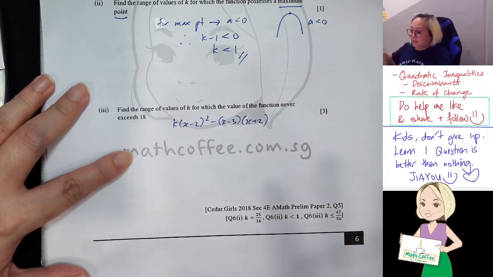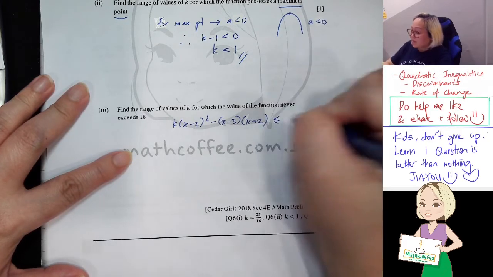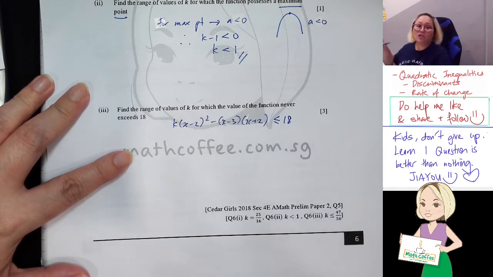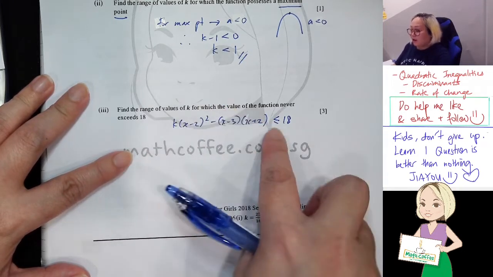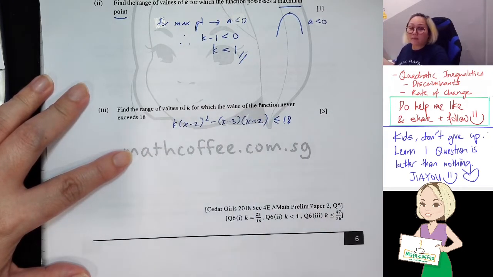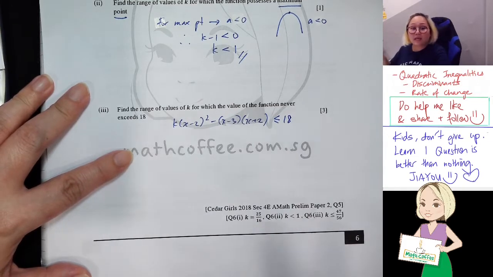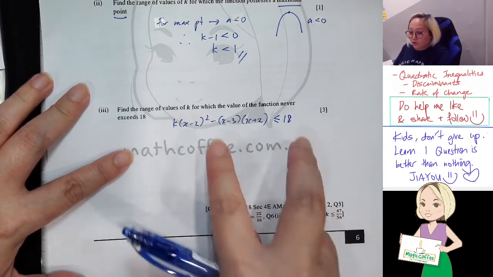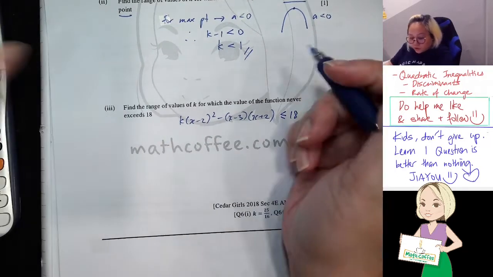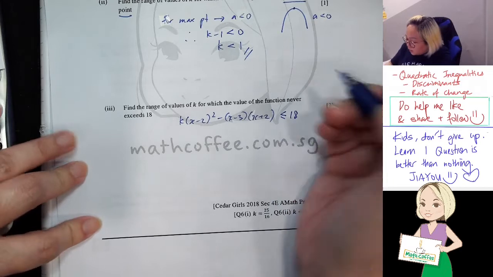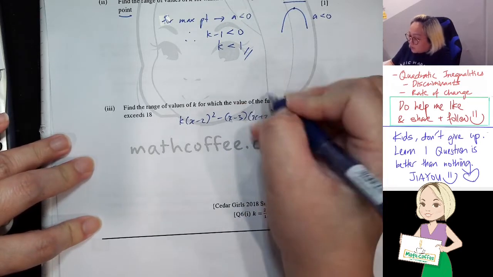If it doesn't exceed 18, it can be less than or equal to 18, as long as it is not more than 18. So the function is less than or equal to 18. All you need to do is rainbow everything and then throw everything to the left hand side. I'm not going to show how to rainbow.